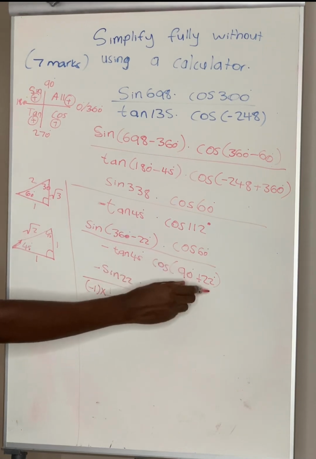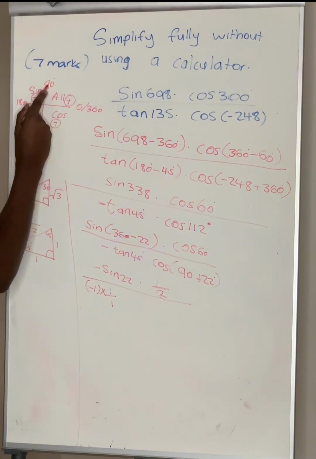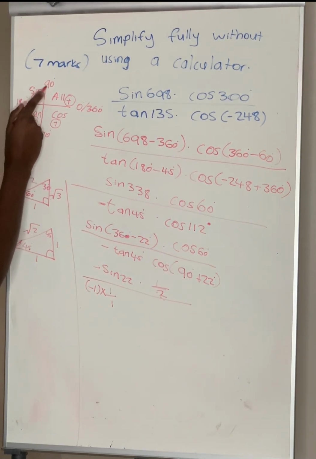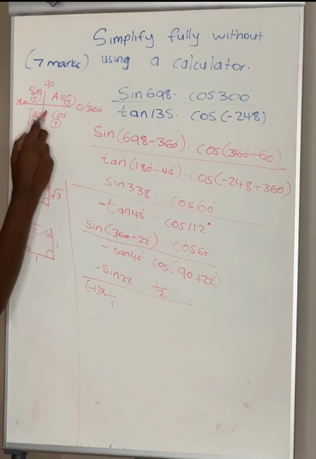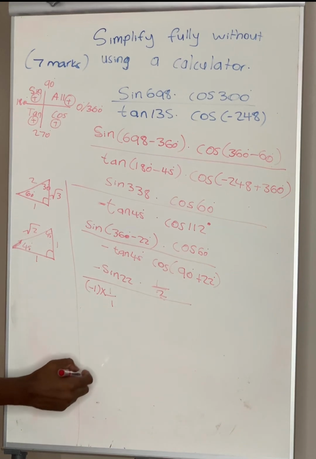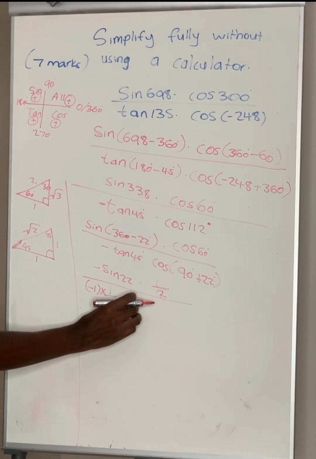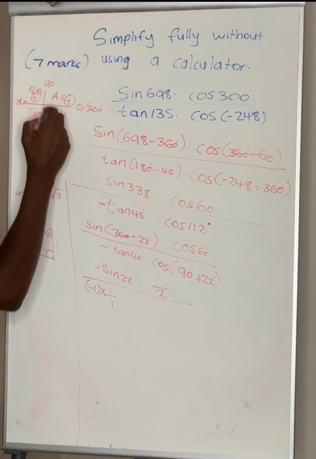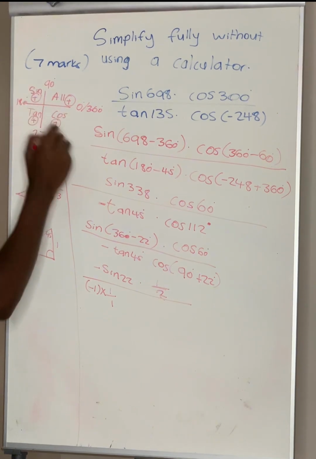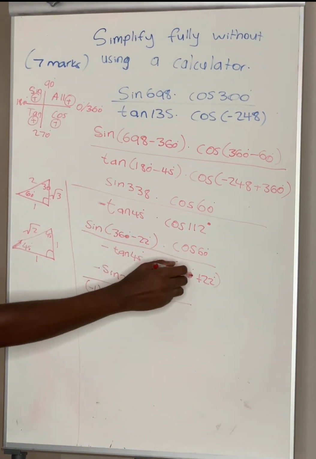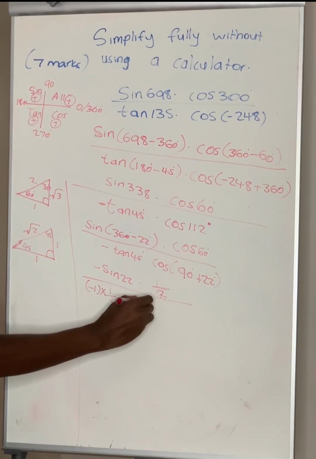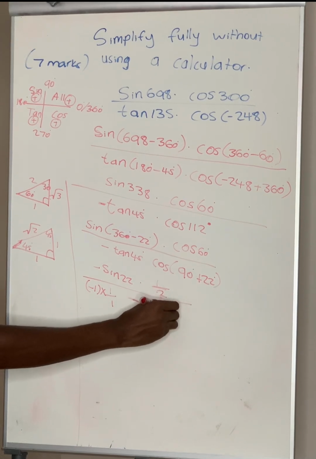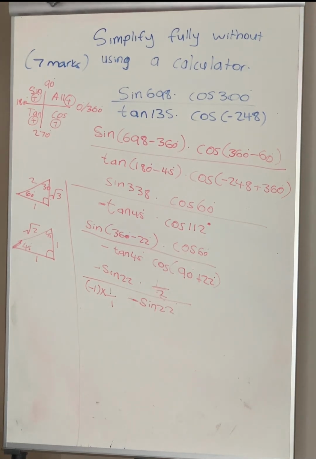And then cos of 90 plus 22, so 90 plus 22 degrees, you land in the second quadrant. And only sine is positive in the second quadrant, so we have cos over here. So it's going to be a positive trig ratio. But now remember, if you are given 90 or 270, this changes the trig ratio from cos to sine. So it's going to be a negative sine 22 degrees.